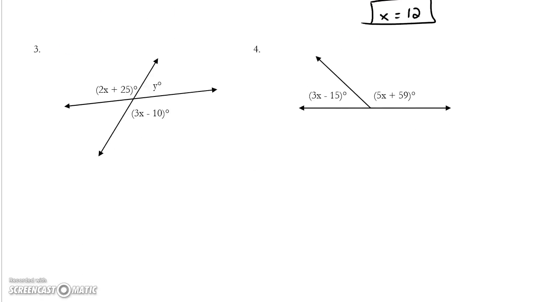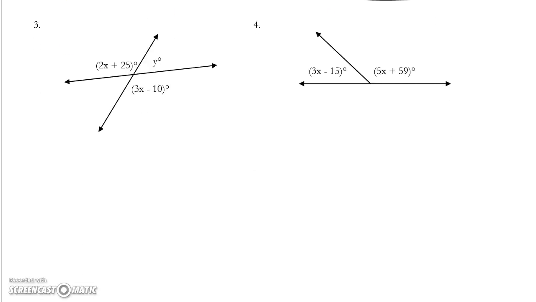Numbers 3 and 4 are similar. I'm going to go ahead and walk through number 4 quickly and then go back and do number 3. Okay. Number 4 is different than number 2 only because this is a ray and not a line.